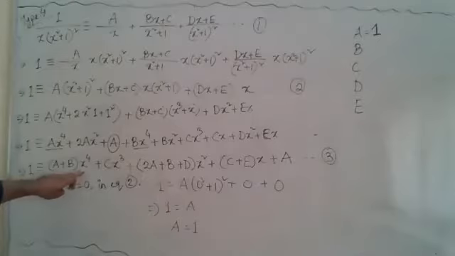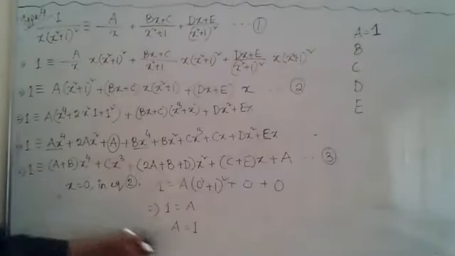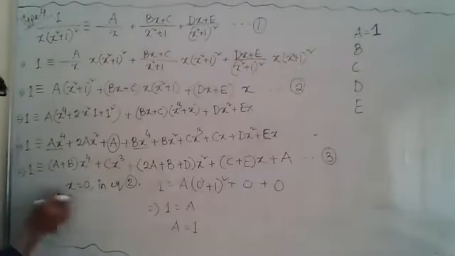So from here, if you take a look at x to the power 4, the coefficient of x to the power 4 is a plus b, and here there is no x to the power 4. So the coefficient of x to the power 4 is 0. So a plus b equal to 0. I already know the value of a, so I can easily find out the value of b, right?